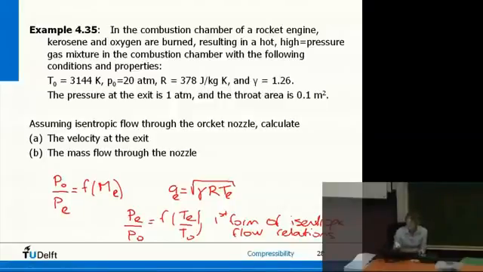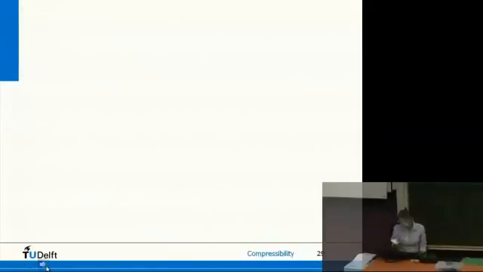Shall I do it or shall we leave it? Do it. Okay, let's start. So P0, let's first find TE. So PE over P0, first form of the isentropic flow relations, is equal to TE over T0 to the power gamma over gamma minus 1. So we're looking for TE.